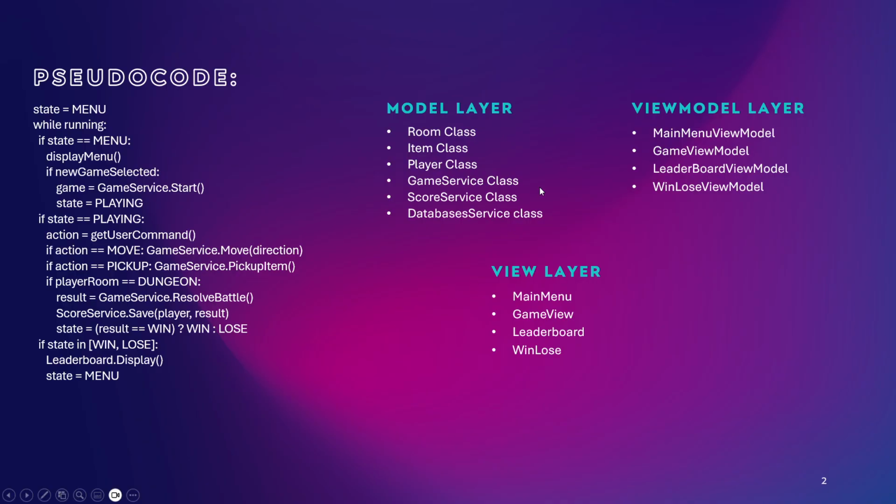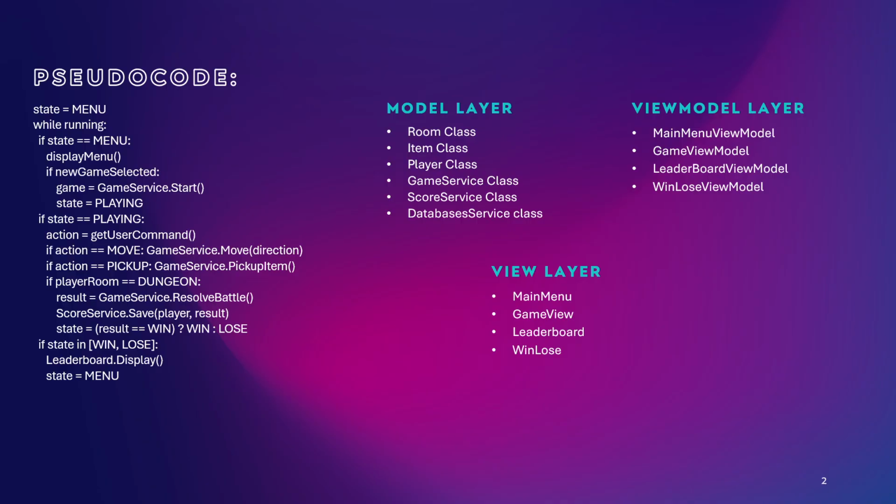So as you can see here, the model layer is going to hold the room game data and logic. The room class will have information like items contained, descriptions, and the connections to the rooms. The item class is going to hold the item names and descriptions. The player class is going to track current room, inventory list, move count.